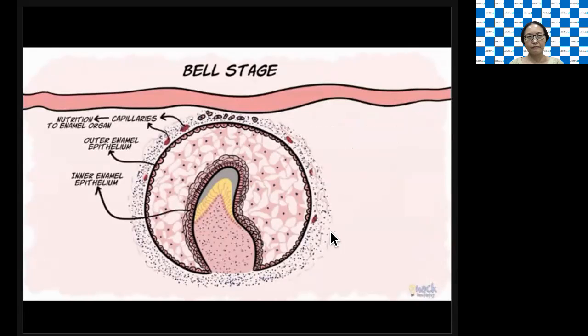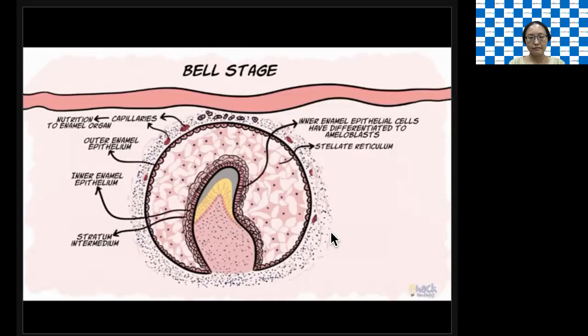The inner enamel epithelial cells differentiate in this stage to become tall columnar ameloblasts. Some cells between the inner enamel epithelium and the stellate reticulum become spindle-shaped and form a layer called the stratum intermedium. These cells are speculated to work in tandem with the inner enamel epithelium to form the enamel.